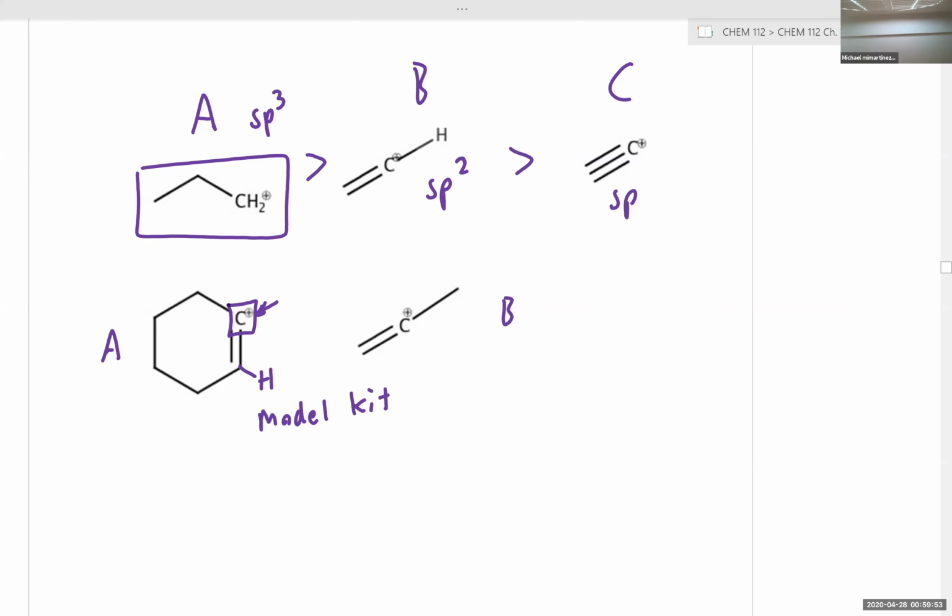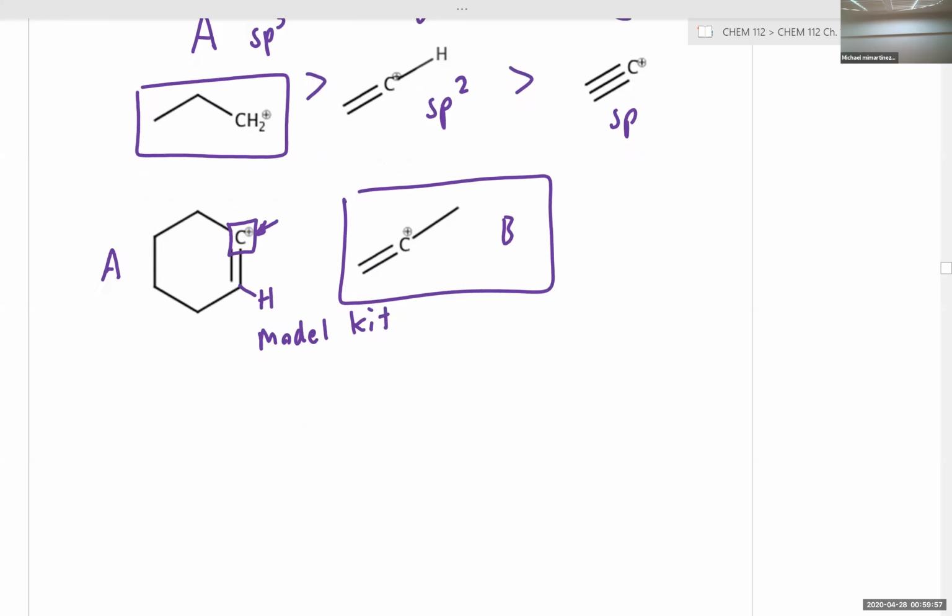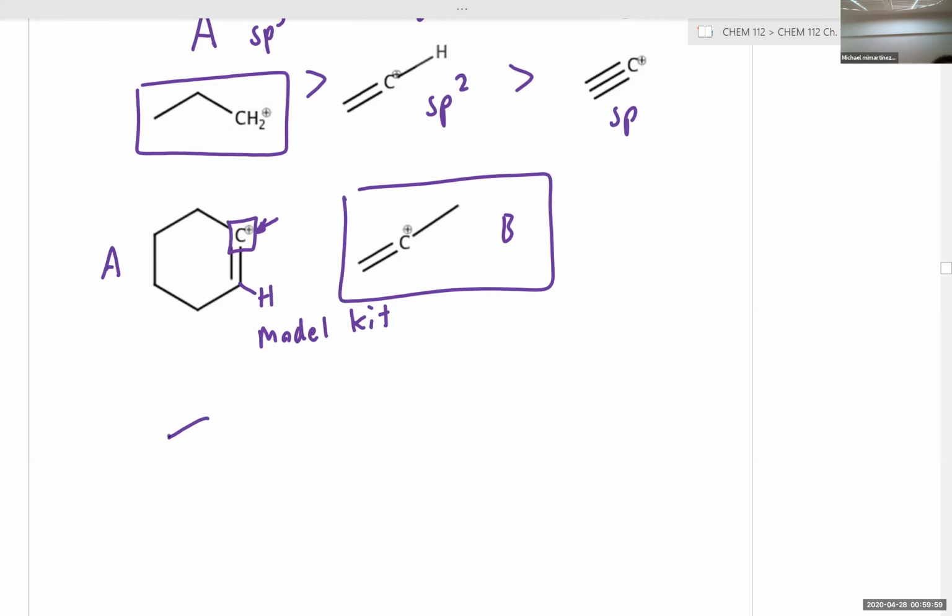I see a lot of students typing B. Yep, that's exactly right. If we think about this carbocation A, in terms of bonded atoms, it wants to be sp-like.